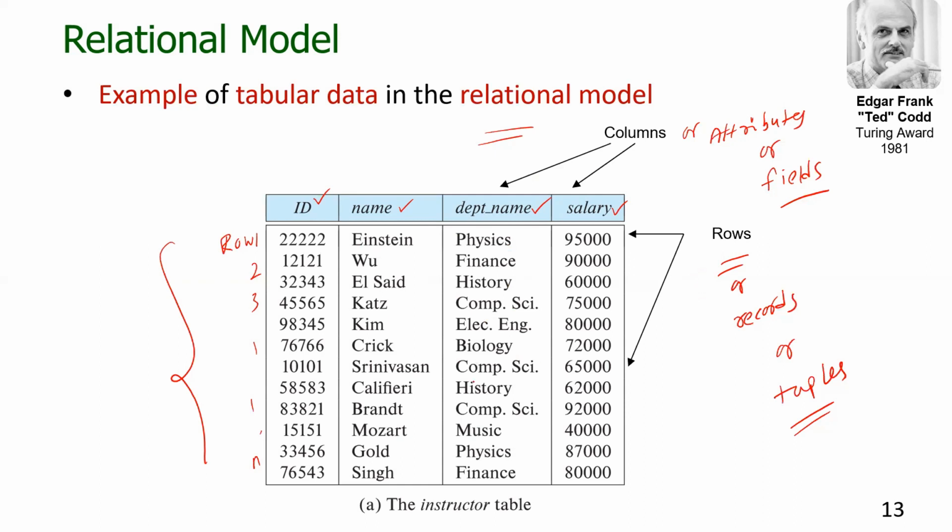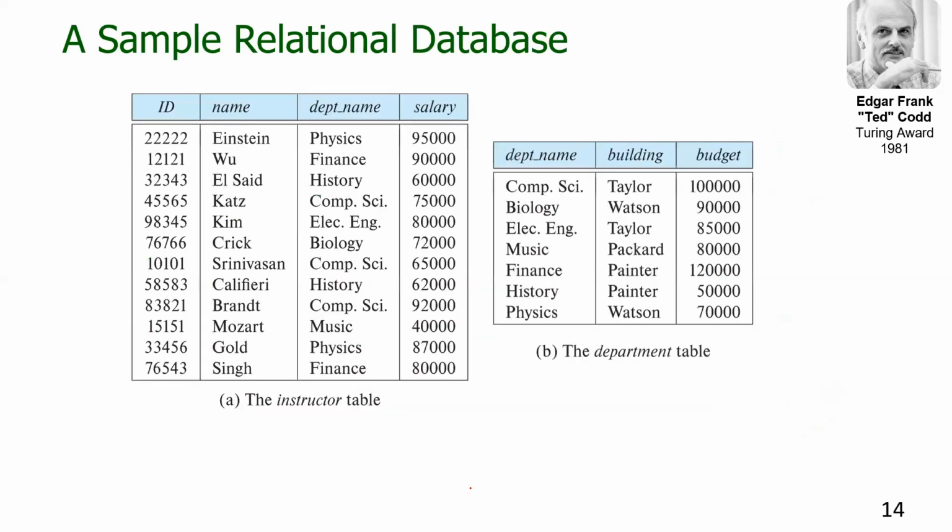This is a single table. The name of the table is the instructor table. If you look at multiple tables, there is another table, the department table. The department table contains the name of the department, the department building name, and the department budget. The other table, the instructor table, we have already seen. It contains ID, name, department name, and salary.